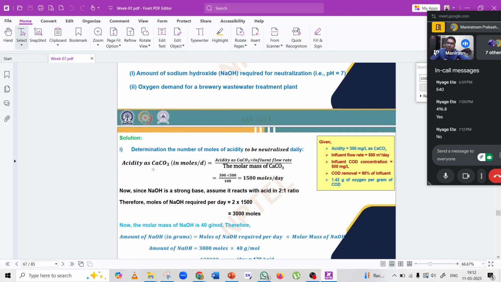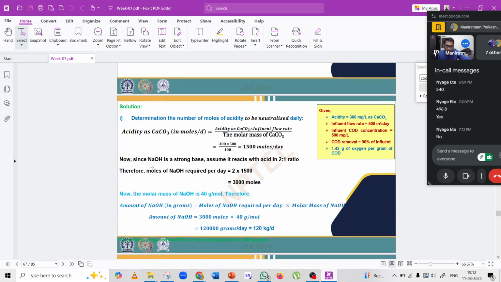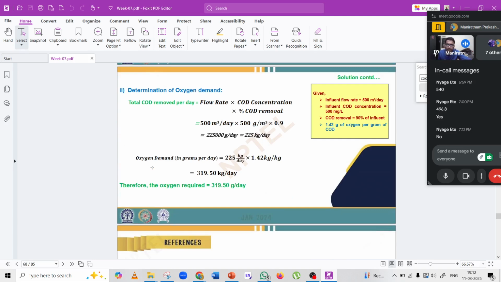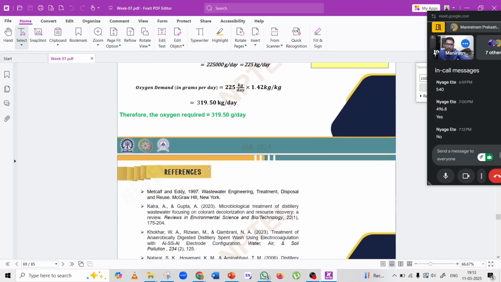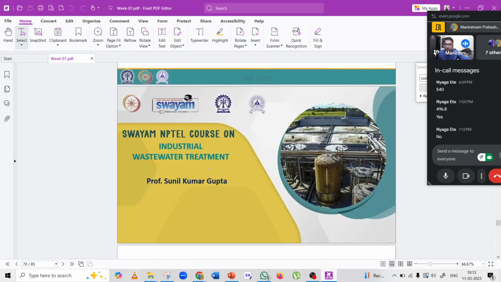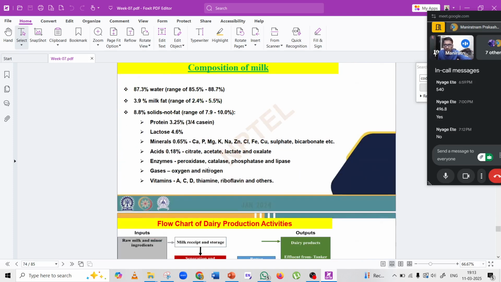Whether it is in terms of acidity or COD, remember the unit and focus on the unit. The same question is there. You can see they have multiplied it, they will give you something and all this.